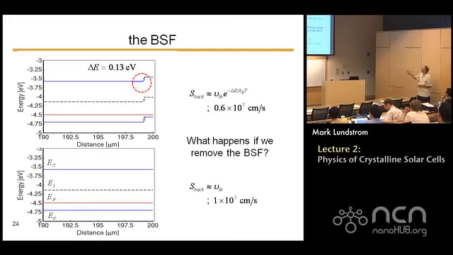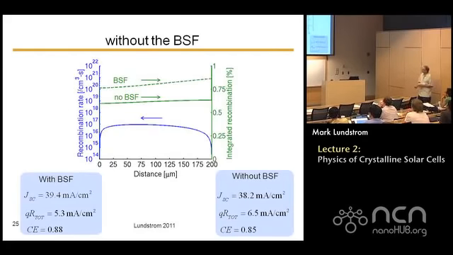Okay, but we could ask ourselves, is this really performing any function in our cell? So I could run a simulation with and without that back surface field. If you look at those two green lines, the dotted line is what we had before, and you can see that's the integrated total recombination rate. So when I get to the end of the cell, that has to be 100% of the recombination, right?